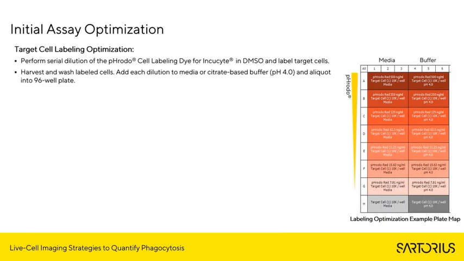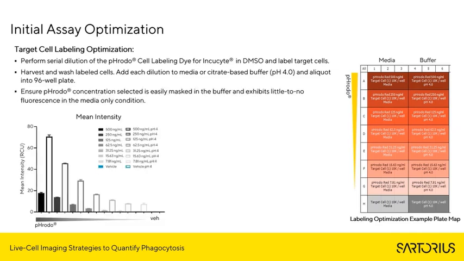So after applying an analysis definition with a low red threshold, for example, between 0.5 and 1 red count units, the Frodo intensity can be quantified. Shown here is the mean intensity graph for Frodo red labeled Ramos cells at 2 hours. The solid bars are the media conditions and the open bars are the buffer conditions.